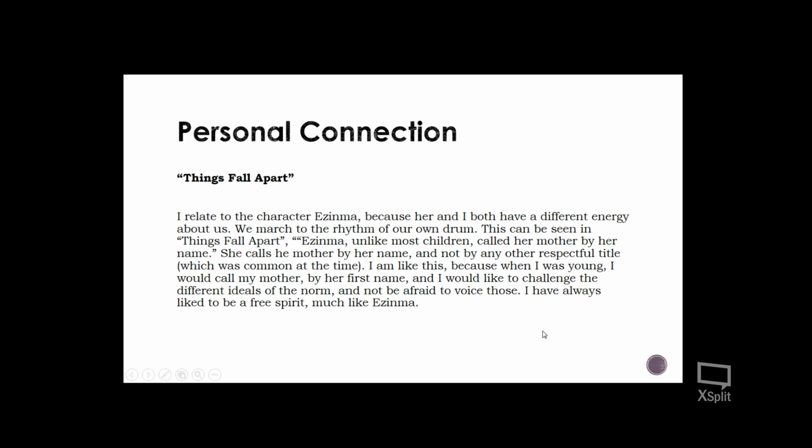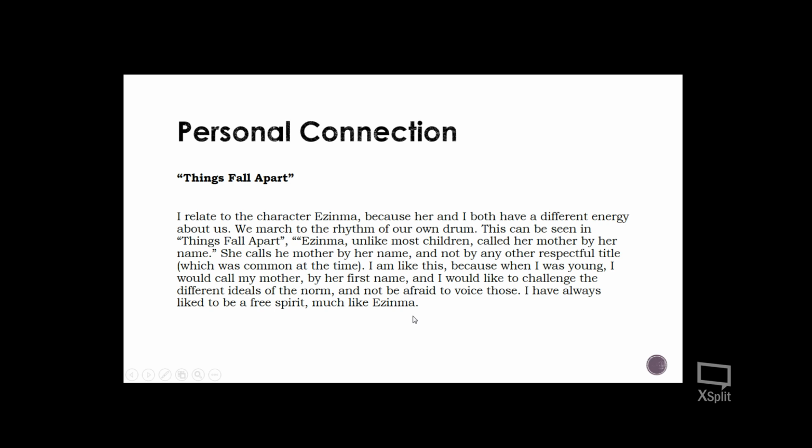So I'm going to show you 2 different examples from 2 different texts. One of them is from Things Fall Apart. I relate to the character Enzima because her and I both have a different energy about us. We march to the rhythm of our own drum. This can be seen in Things Fall Apart. Enzima, unlike most children, called her mother by her name.